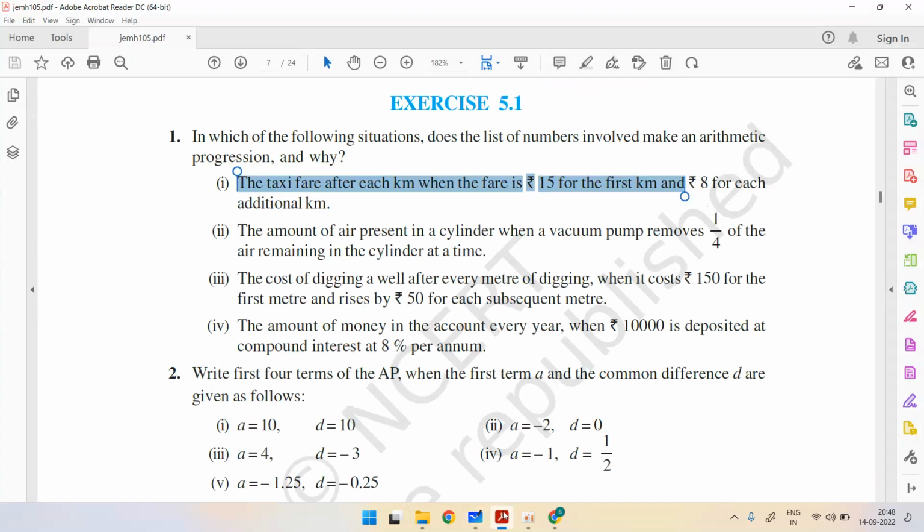Now the third part is given: the cost of digging a well after every meter of digging, when it costs rupees 150 for the first meter and rises by rupees 50 for each subsequent meter. So if you dig the well for the first meter, it will cost rupees 150.